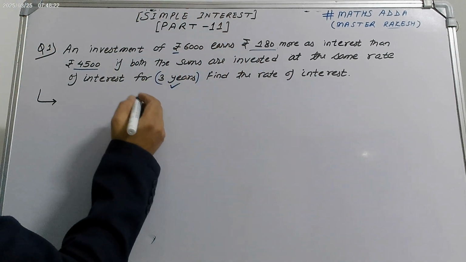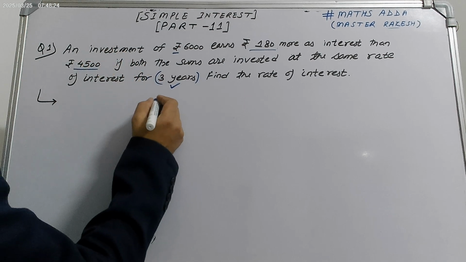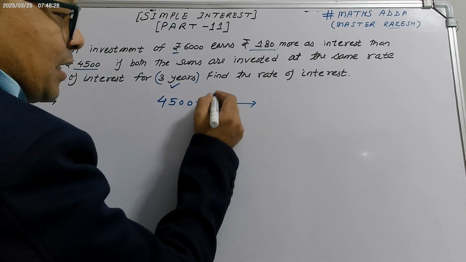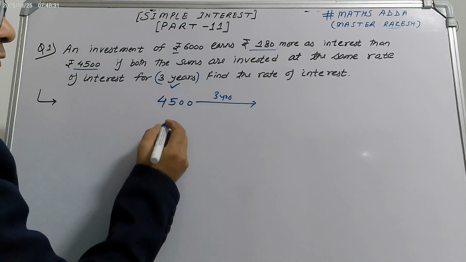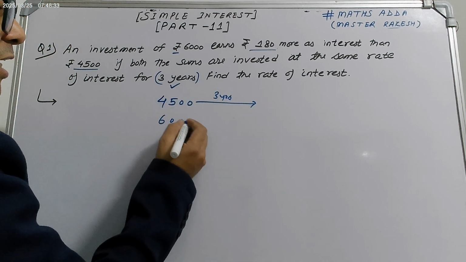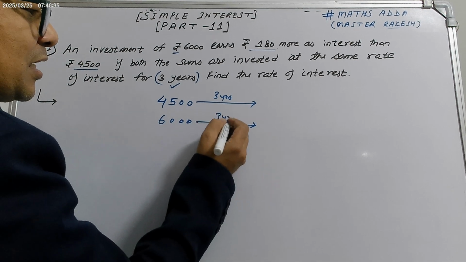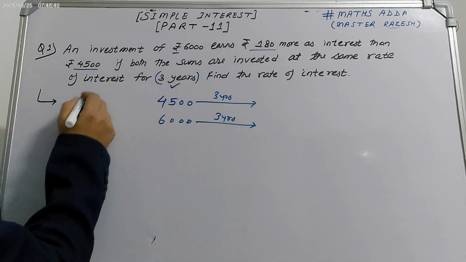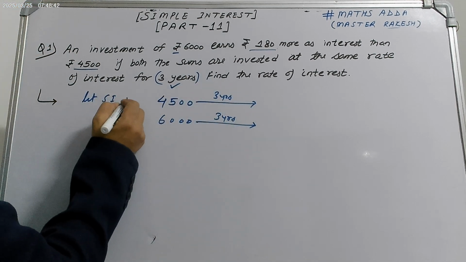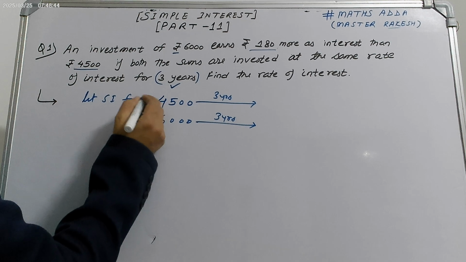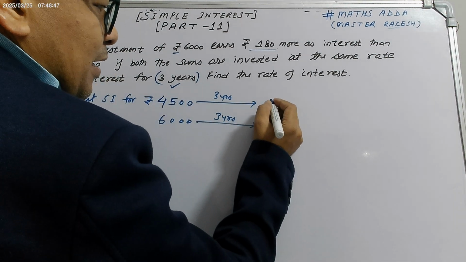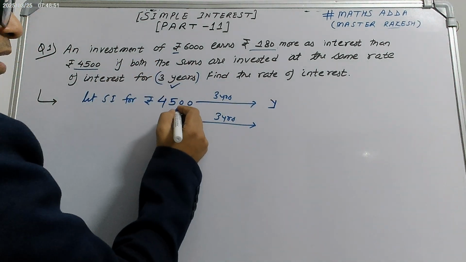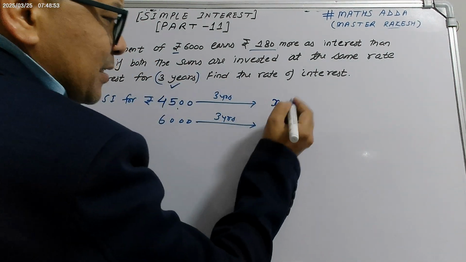There are two investments. One is rupees 4,500 investment, that is for 3 years. Another one is rupees 6,000 investment, that is again for 3 years. So let SI for rupees 4,500 be x.